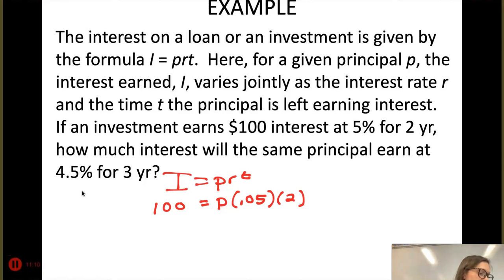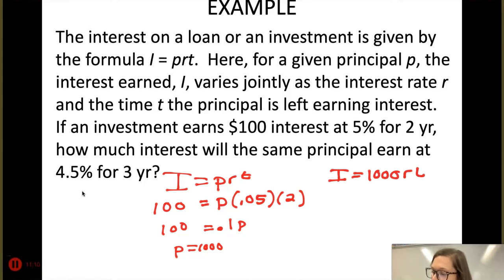So 0.05 times 2 is 0.1. So this becomes 0.1 P is equal to 100. 100 divided by 0.1 tells me my P is 1,000. So I is equal to 1,000 RT. That's my new equation since my principal is the same. So what would it earn for 4.5% interest for 3 years? 1,000 times 0.045 times 3 is $135. That would be our answer there.